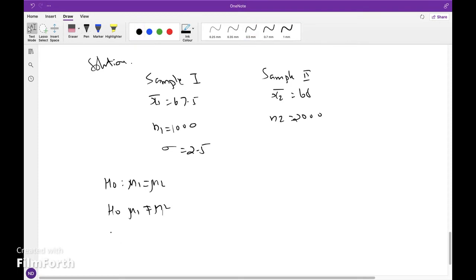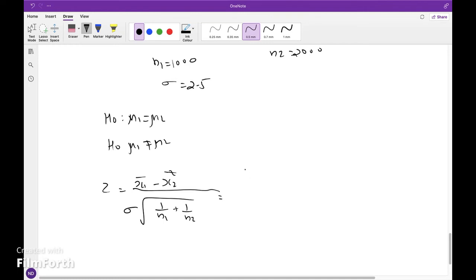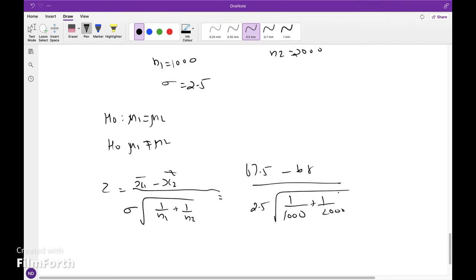The test statistic z is equal to x1 bar minus x2 bar the whole divided by sigma, taking sigma outside, times the square root of 1 by n1 plus 1 by n2. That is equal to 67.5 minus 68 divided by 2.5 times the square root of 1 by 1000 plus 1 by 2000.